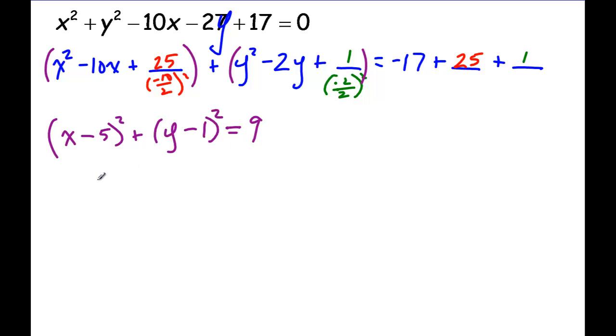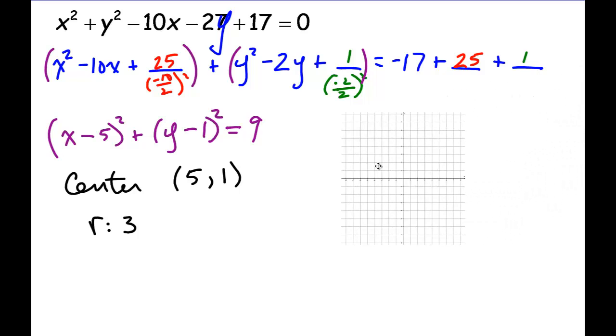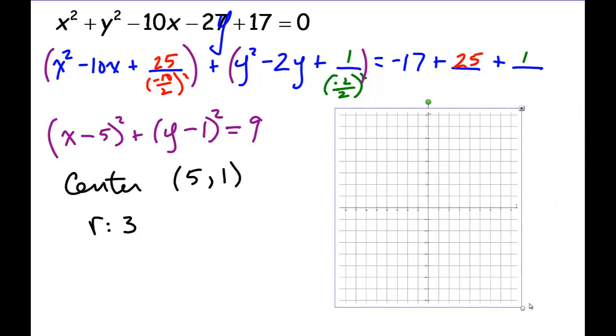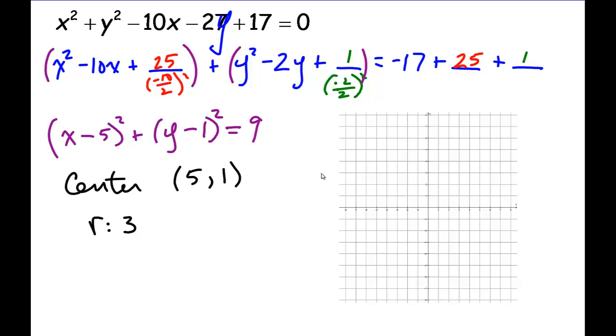It's all about completing the square. So, our center is 5, 1, and our radius is 3. Let's graph it, just for kicks. So 5, 1. 1, 2, 3, 4, 5, 1.